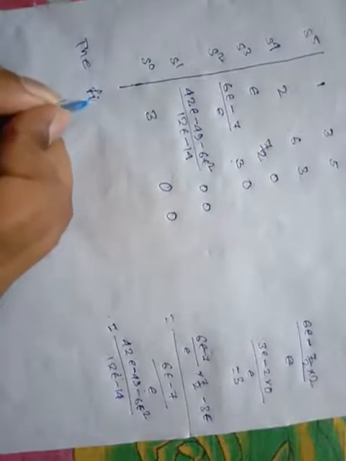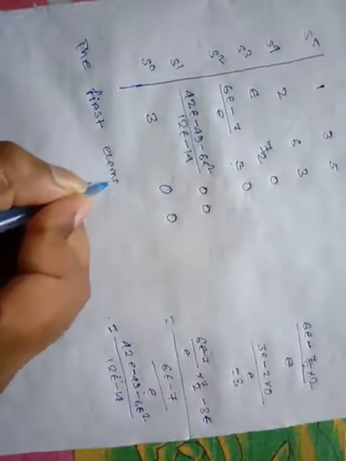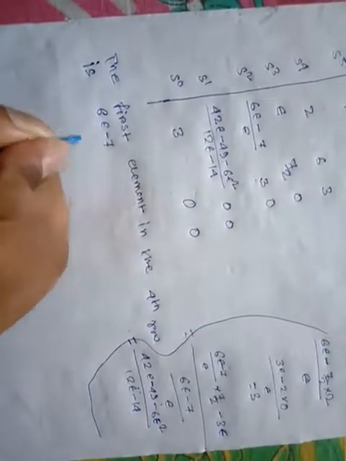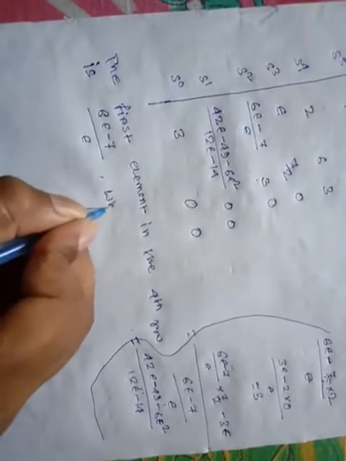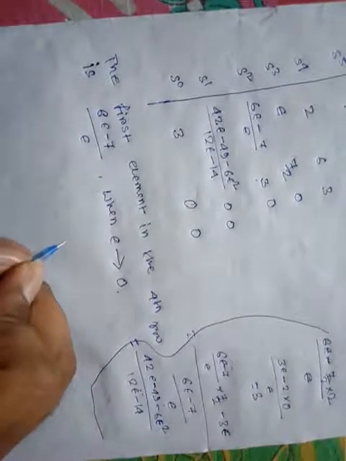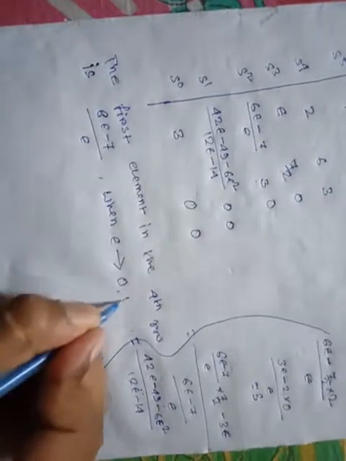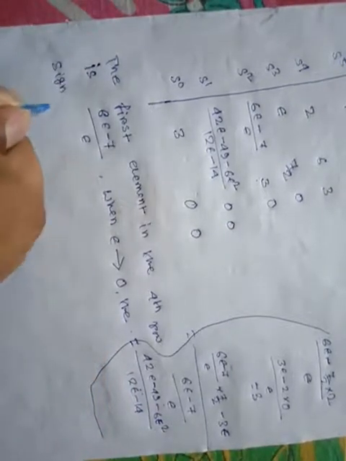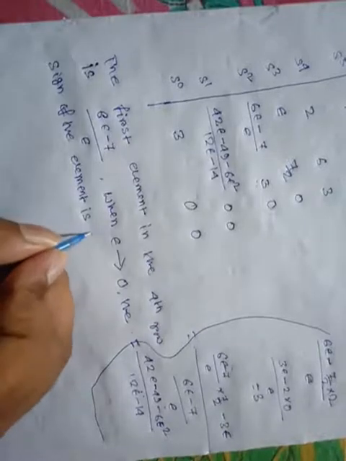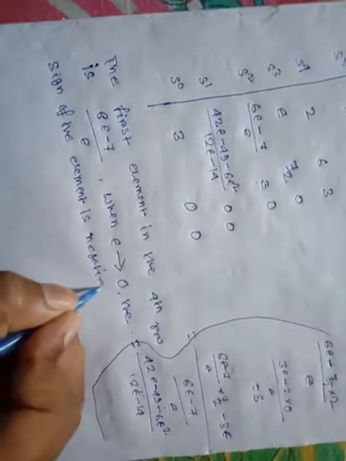When epsilon tends to 0, the sign of the element is negative. The sign is negative.